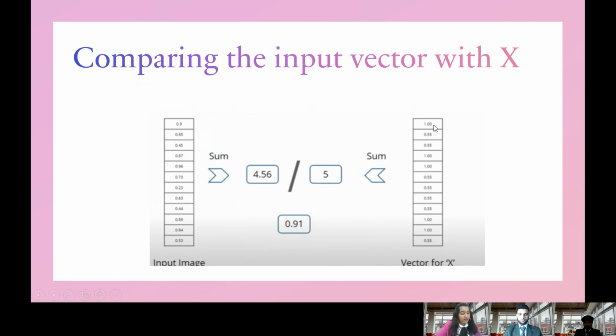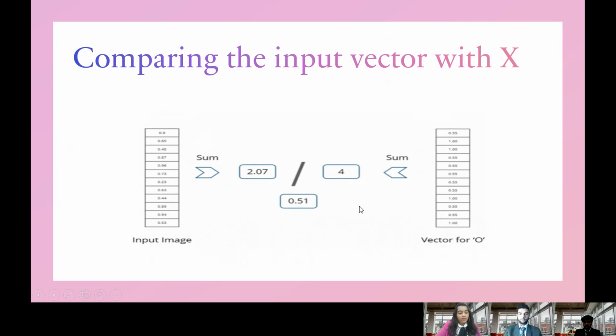We see in the vector X that the higher values are at positions 1, 4, 5, 10, 11, which we sum to get 5, and similarly we sum the same positions 1, 4, 5, 10, 11 of the input image, in which we get our result 0.91.